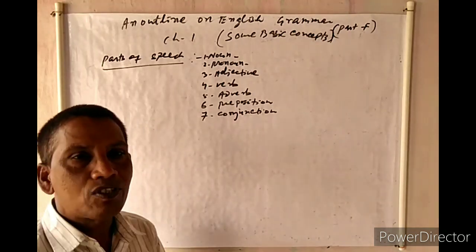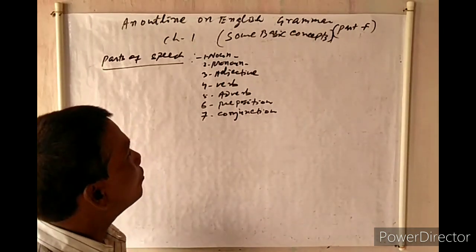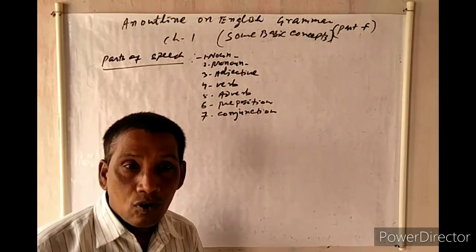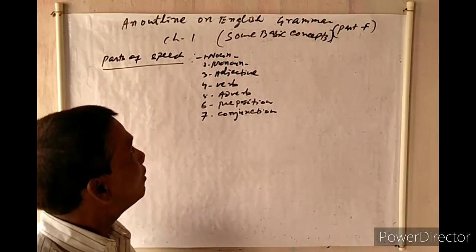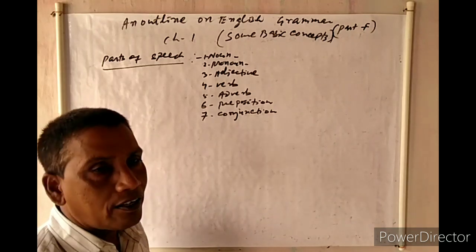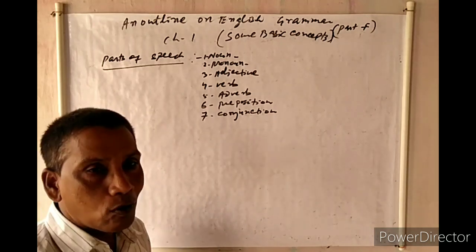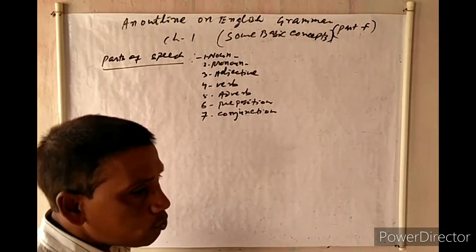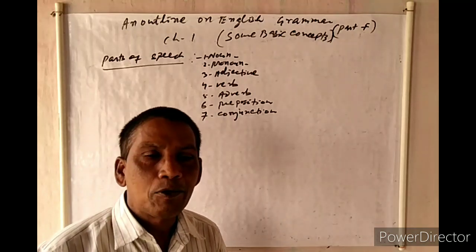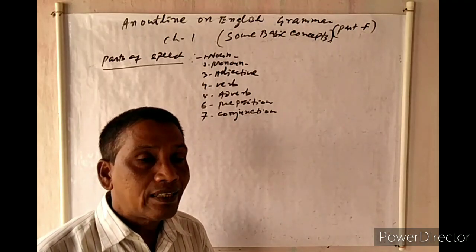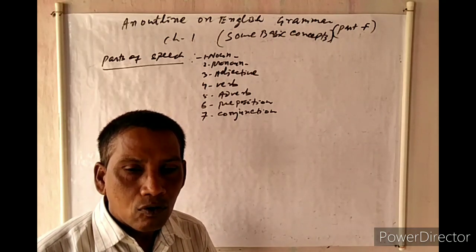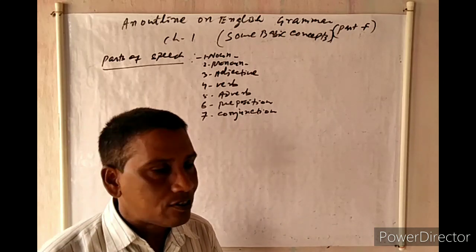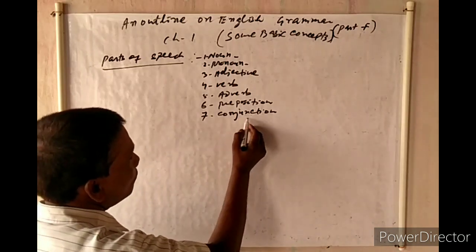Now it is just an introduction. First a student has to know how to identify a noun, a pronoun, an adjective, and a verb. Looking at any particular word, he should realize what part of speech that word might be when used in that particular sentence.